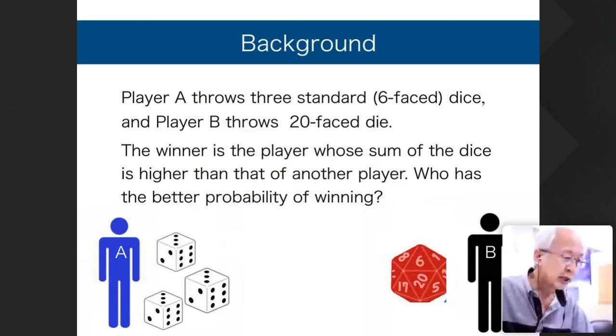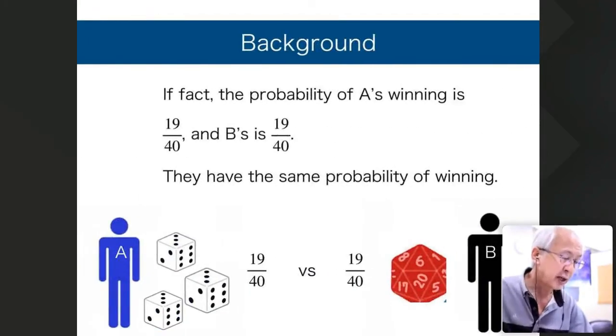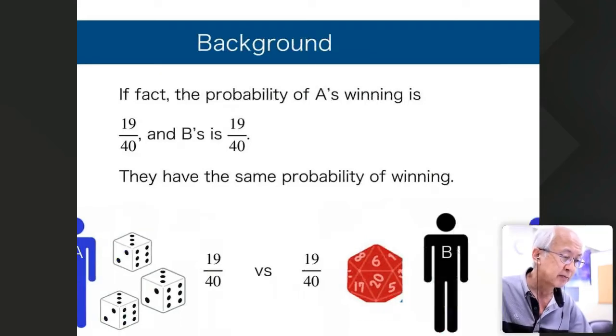The winner is the player whose sum of dice is higher than that of the other player. Who has a better probability of winning? If you calculate the probability, you will find that they are even. I mean, they have the same probability of winning.